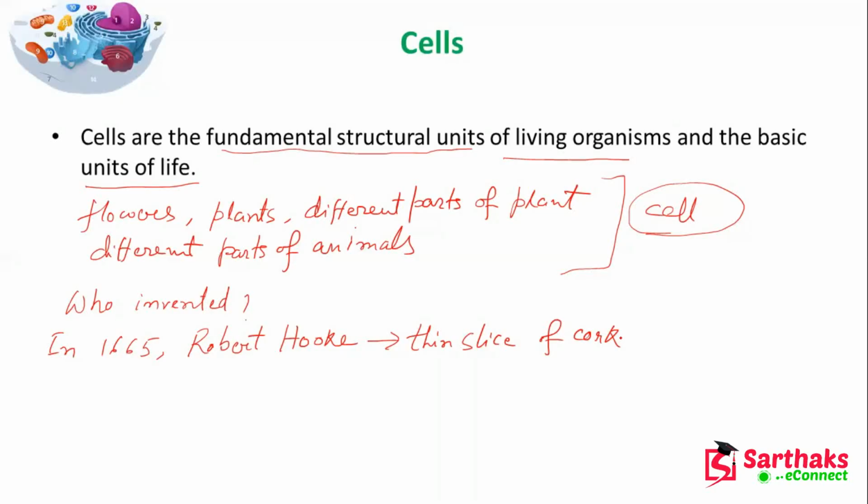The microscope used by Robert Hooke was primitive. When better microscopes were invented and magnified these things, scientists also investigated pieces of living plants. Hooke had taken just a non-living part.